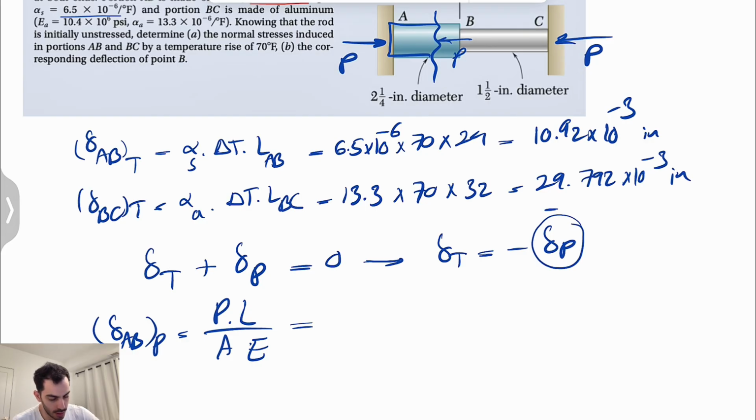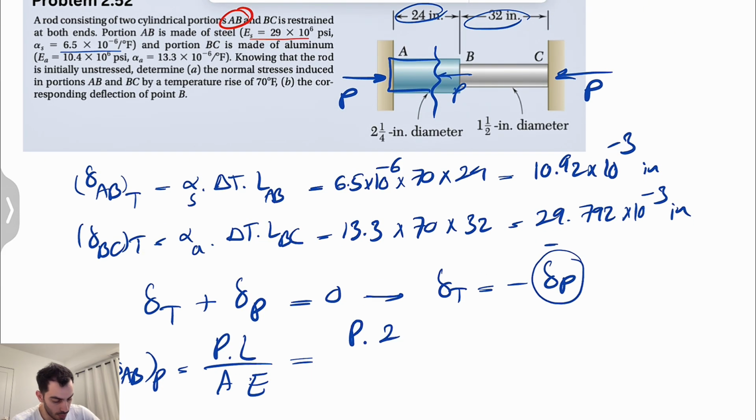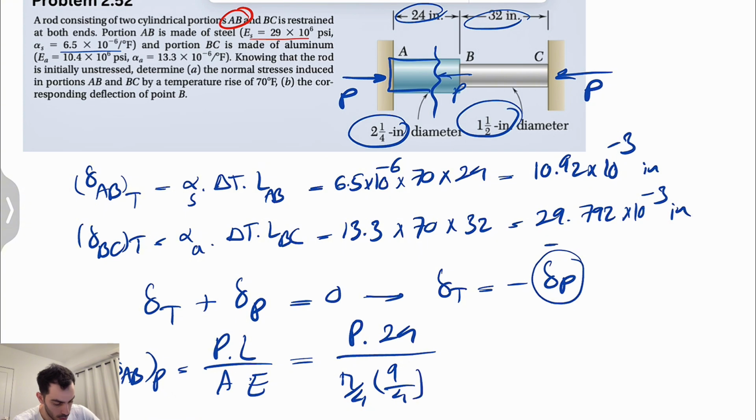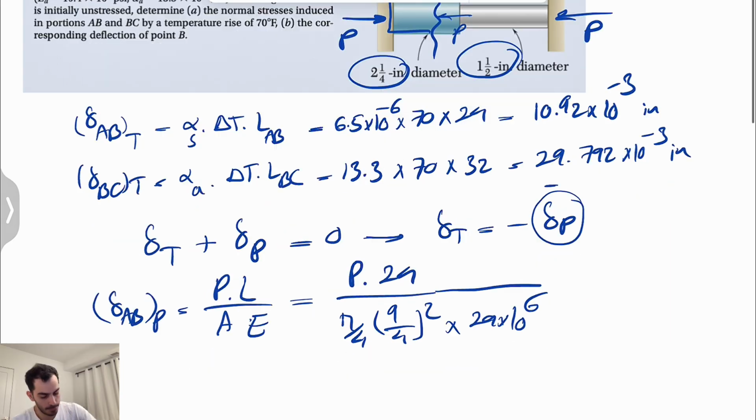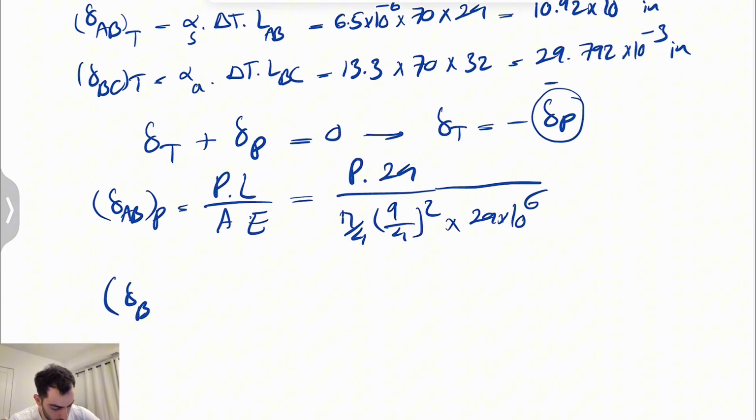So this is going to be P times L, and we're doing it for AB, length 24. For the area, if you look at the figure, we see that we have the diameters for each of them. So pi divided by 4, times the diameter, 2 and 1/4, so (2 times 4 plus 1) 9 divided by 4, squared. That's going to be the area, and the elastic modulus is also 29 times 10 to the 6. We're going to have the same story for the other one, PL over AE.